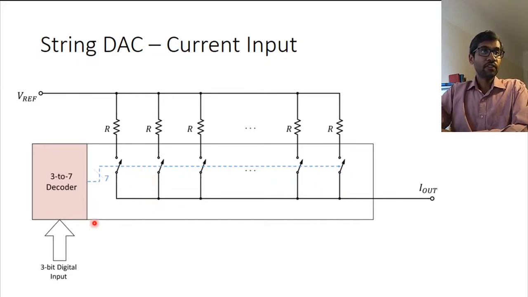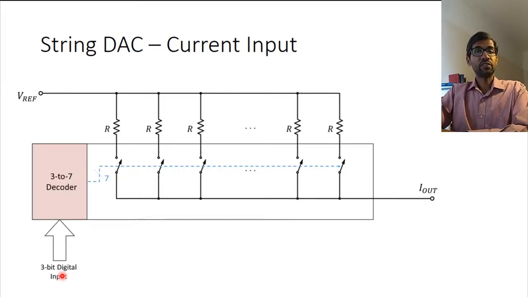Now, as you can imagine, the decoder here has to work a little differently than before, because if the decoder converts the 3-bit digital input to a 1 to n code, then the current in all outputs is going to be the same, because it doesn't matter which switch is on. The current when one switch is on is always going to be Vref over R. But if we are able to convert this 3-bit digital input into a thermometer code, remember what a thermometer code means?